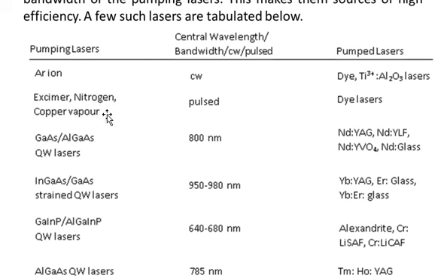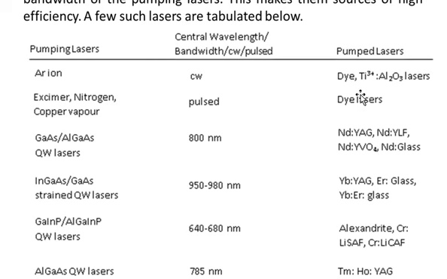So let's give a brief review of these lasers. For example, the argon ion laser has a spectrum in the blue-green wavelength, around 488 nanometer and 514 nanometer. It is a continuous wave gas laser, and it is used to pump dye lasers and also titanium sapphire lasers.